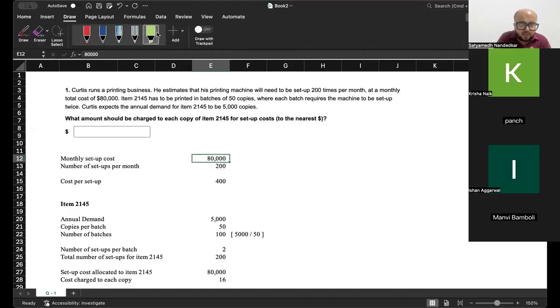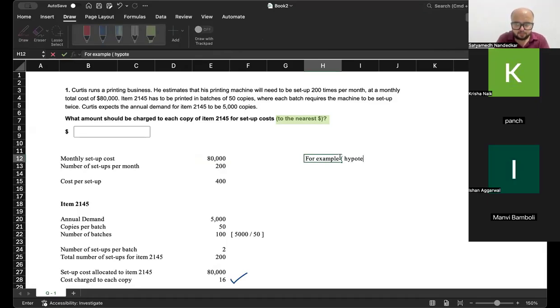Now, this part is very important, and this is where a lot of people make mistakes. In this question, it doesn't make a significant difference because the item is a whole number. But if the answer was something like 16, for example, hypothetical, if answer was 16.71 and question says nearest dollar, you must write 17 in the answer box.